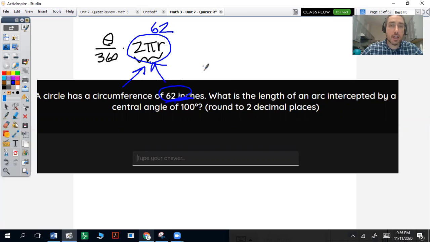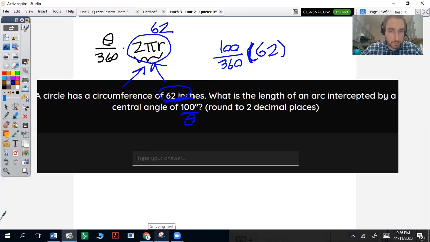So this equation is actually very simple. Your 100 will be your degree, 100 over 360, and then you're just going to multiply that by 62. 100 over 360 times 62 is going to be your answer.